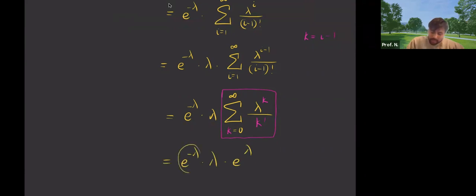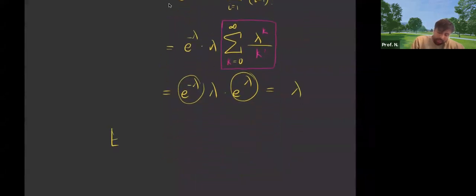But e to the negative lambda times e to the lambda is e to the 0th power, which is 1. So then lambda is the expected value. So the expected value of a Poisson random variable is equal to the parameter lambda.